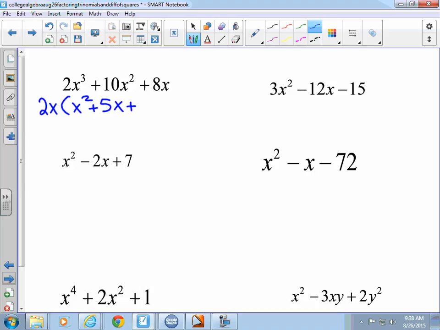Does that make sense? So I took out a 2x. After I take out a 2x, can I factor that other piece? I'm just going to cover the 2x out, pretend that it's not there. I think we just did it. Didn't we do that one already?